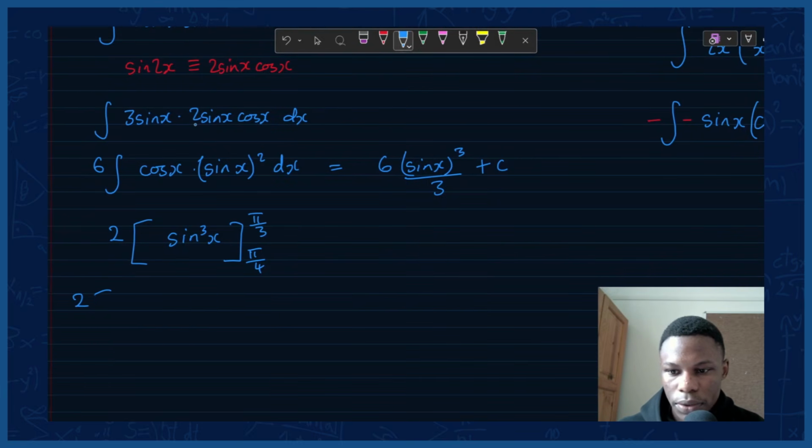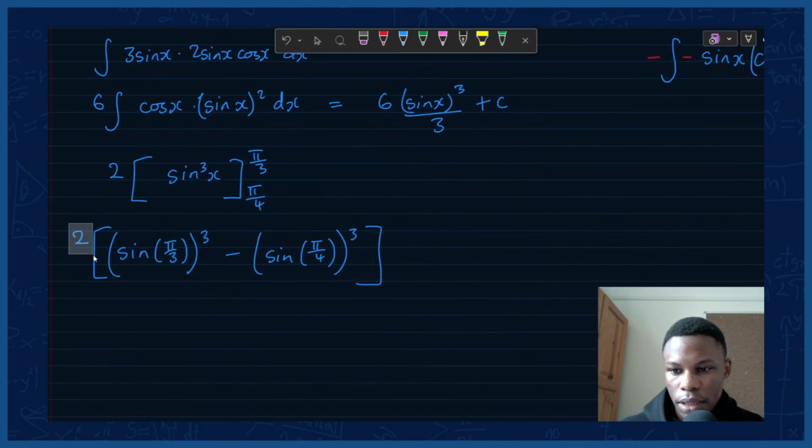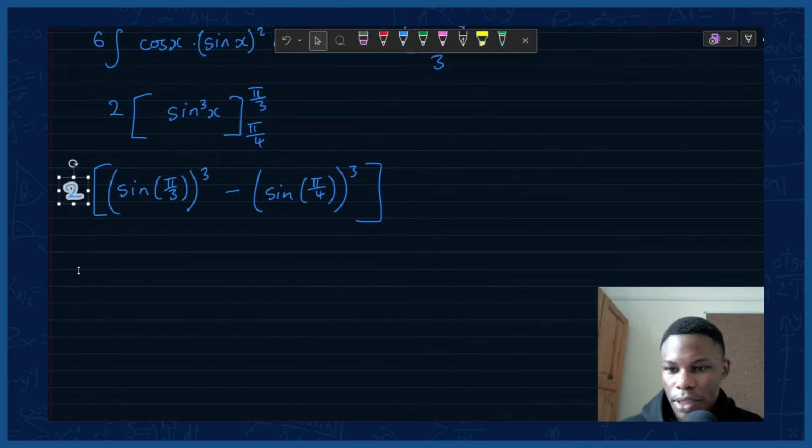So that's 2, and then substitute in your limits. This is the upper limit, sine of pi over 3, and this is being cubed, minus sine of pi over 4, and this is being cubed. Let's bring down that 2, it looks a bit high.